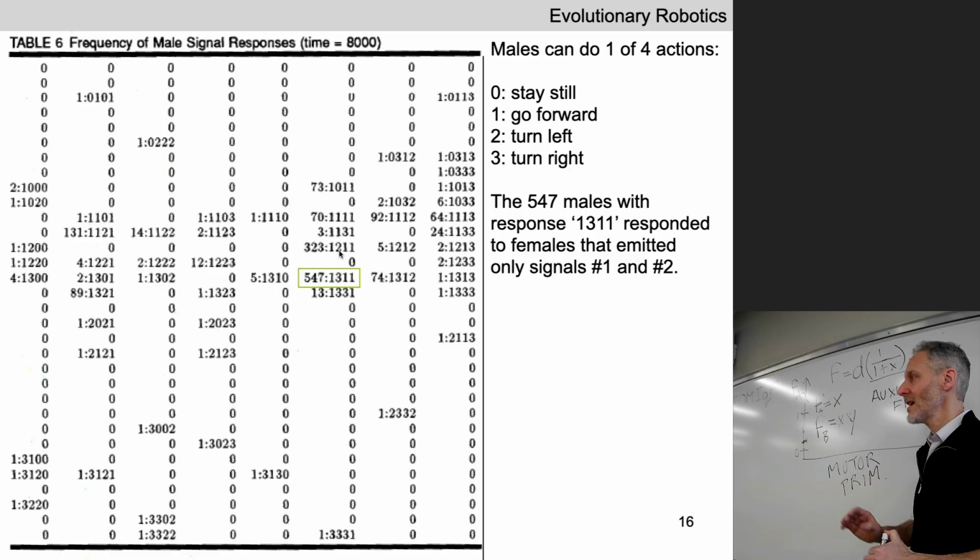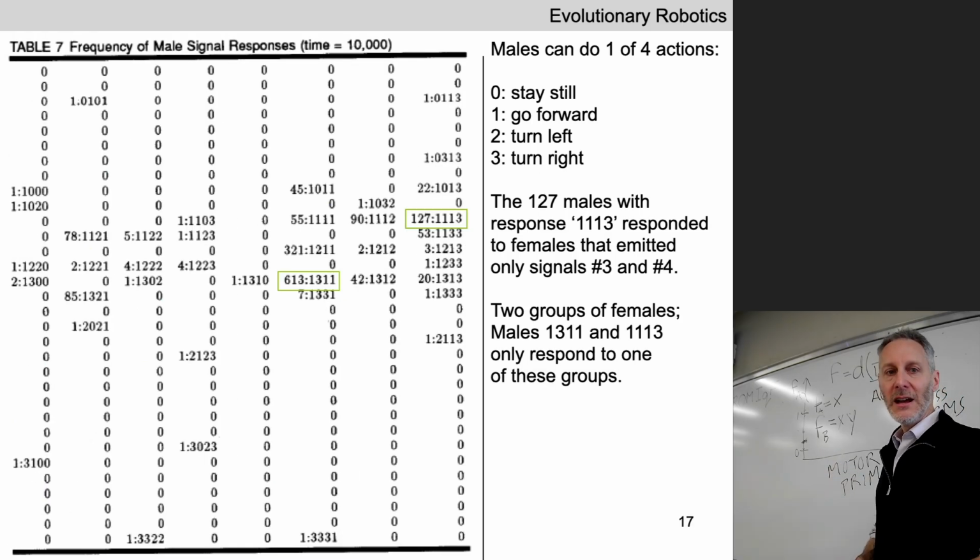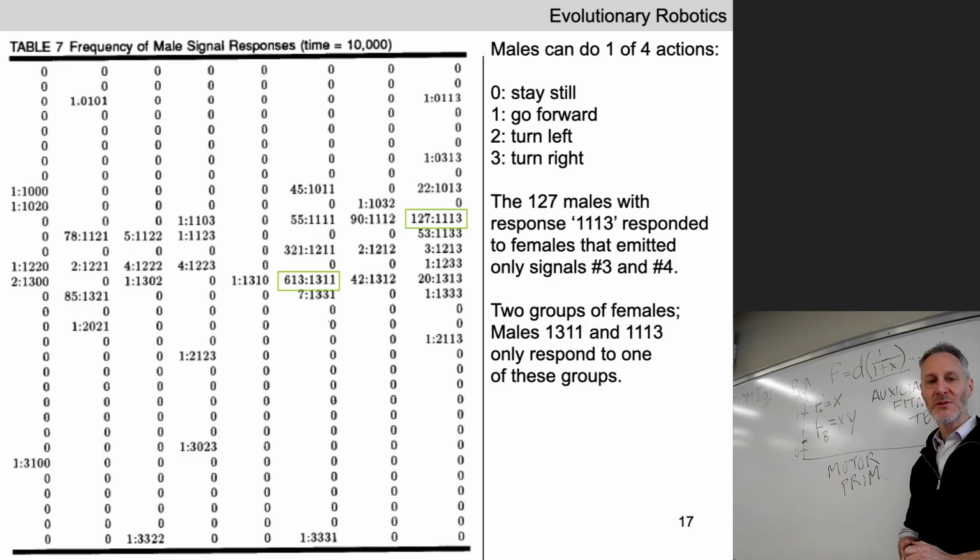So again, we're not seeing the female behavior here. We have a little bit of a sense of what the females are doing indirectly. We've got females that only ever use 2 songs in their repertoire. They're using half of the songs in their repertoire. Okay. 2,000 time steps later, this is happening. We've still got the majority of males in this group, but there is a pretty considerably sized separate group of males that, again, mostly go straight, but they turn right in response to song 4.